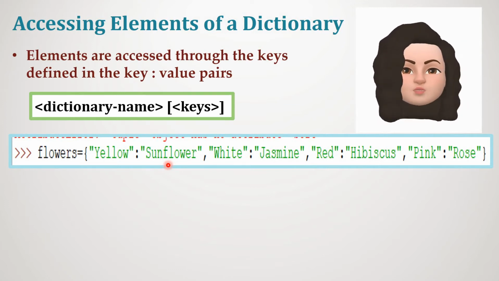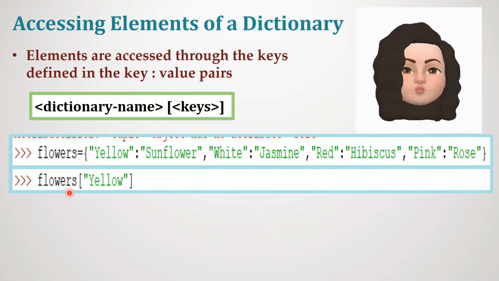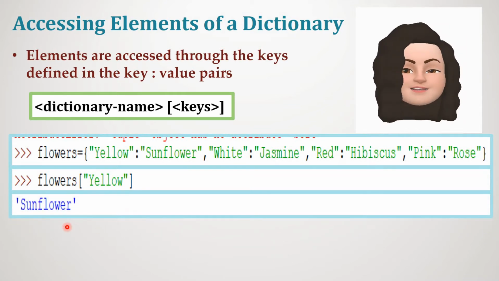How to access this value? Using the key. What is the key for sunflower? It is yellow. So first specify the name of the dictionary, which is flowers. Within square brackets, the key yellow will give you the value sunflower. This is how you have to access the elements of a dictionary.